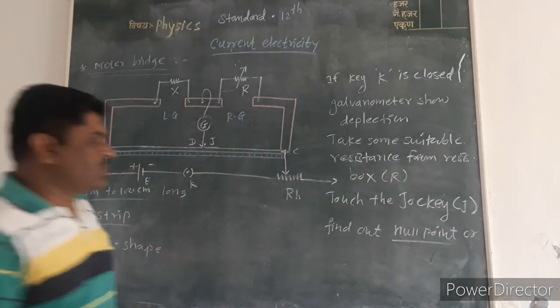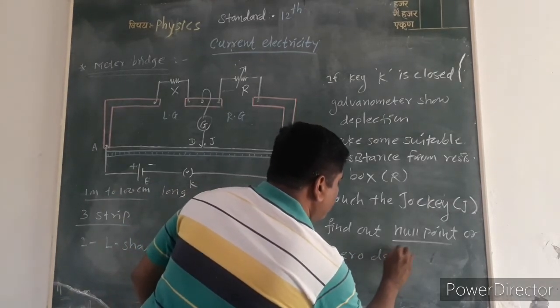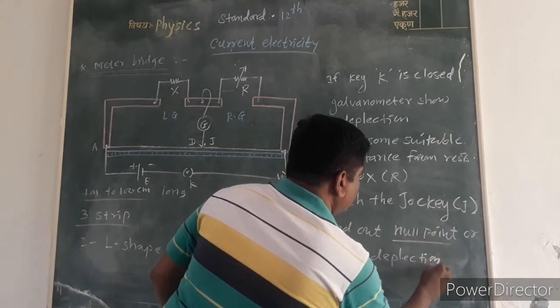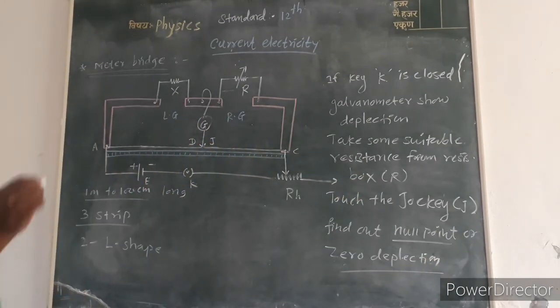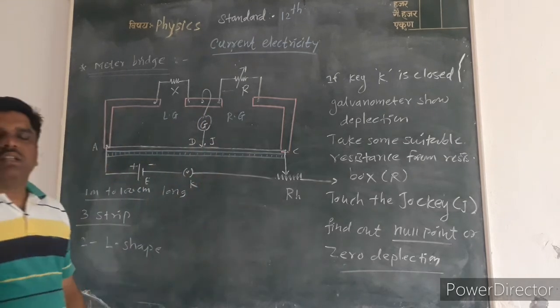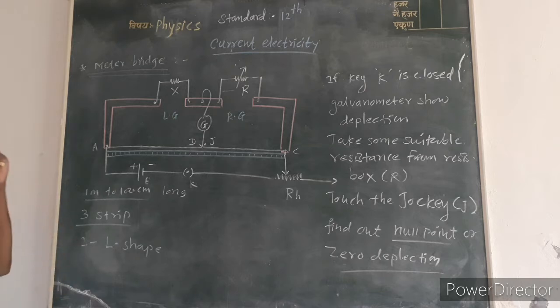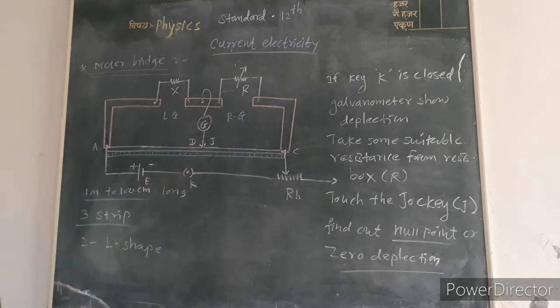That null point is also called zero deflection. That is, we observe the pointer of the galvanometer at 0, that is, the galvanometer shows zero deflection.